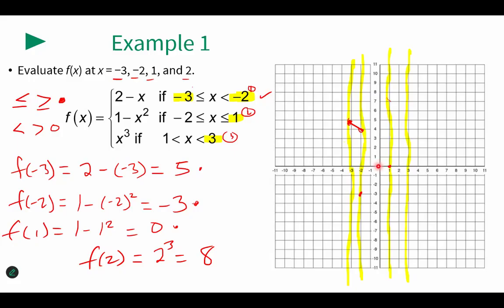If I wanted to know what's happening at 0, I'm going to plug 0 in. When I plug 0 in, what do I get? 1. So I know that at 0, I have to go through 1. If I was to draw a straight line to connect here to here, would that take me through 1? No. So that gives me an idea of the fact that this has to be going up and then coming back down.